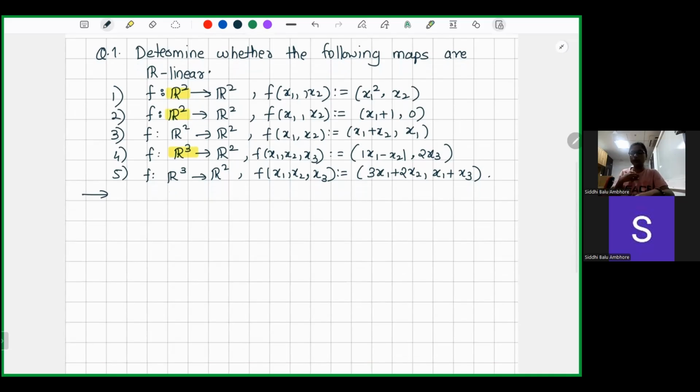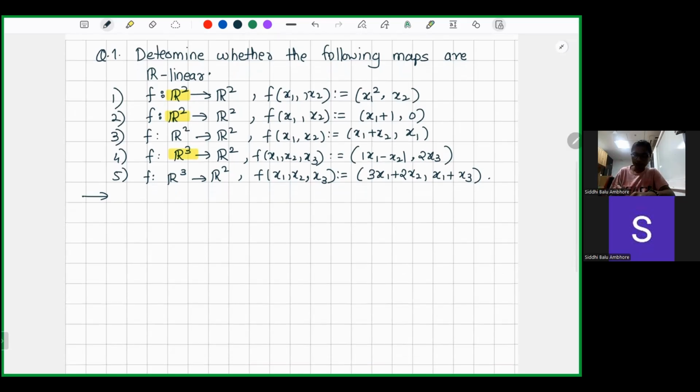We know how the addition and scalar multiplication of these spaces as R vector spaces is defined, so I hope you know that. And we have to check now whether these are R linear maps. So what does a linear map between vector spaces mean? Let us first understand what linear map means.